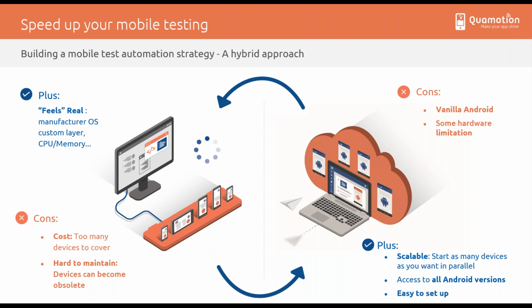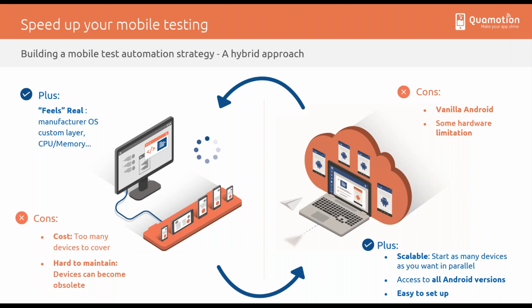But there could be some drawbacks because you don't really know how your application performs on real end user devices, because you know that on real devices you get a manufacturer's OS customization layer. So that's why it is also important to test on physical devices for this matter, and also for the hardware that can't be tested on virtual devices, for example, the Bluetooth connection.